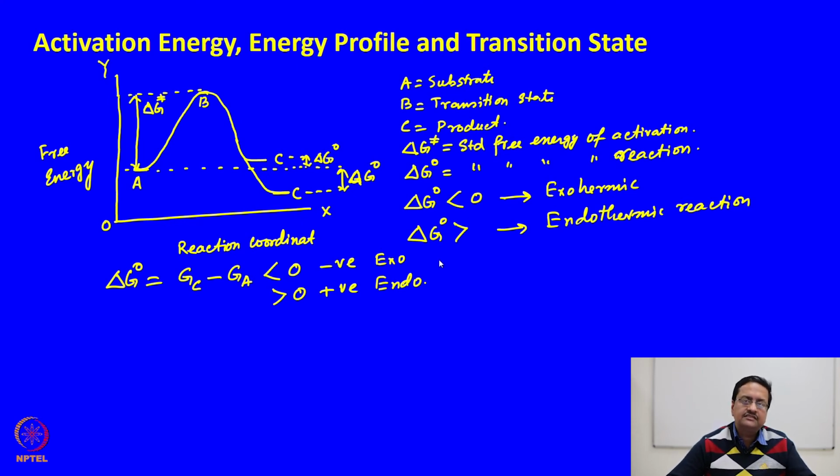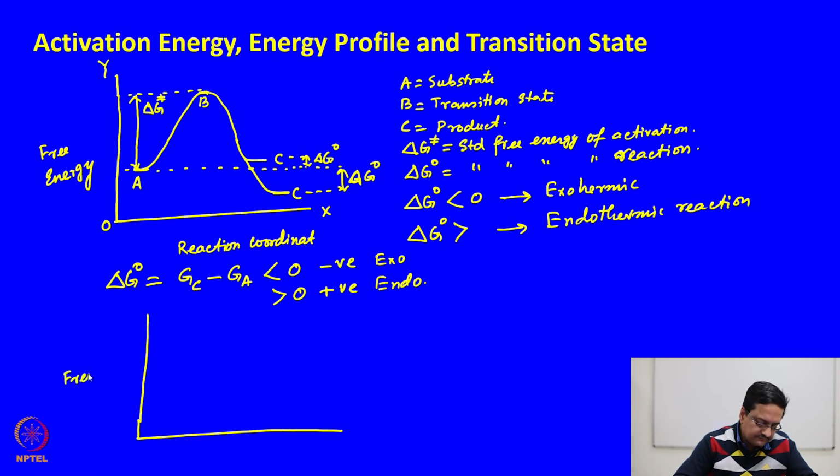We have also seen that some reactions do not go through one particular step, rather they involve two steps in the reaction mechanism, for example, in the case of SN1 or E1 reactions. In that case, we need to know what the free energy diagram for the reaction would be.